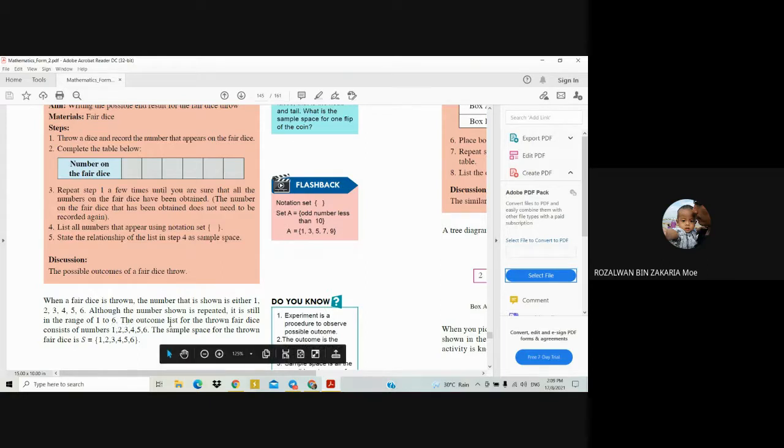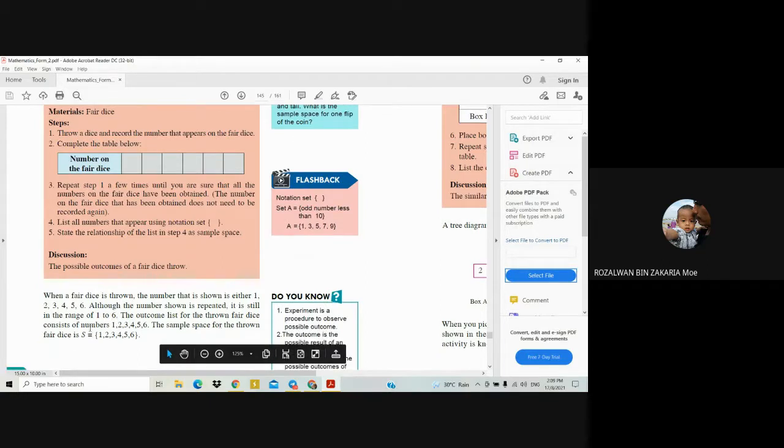The outcome list for the thrown fair dice consists of numbers 1, 2, 3, 4, 5, 6. So the sample space for the thrown fair dice is, we use capital S as the symbol for the sample space. It is equal to, in the form of notation of set, 1, 2, 3, 4, 5, 6. These are all the possible outcomes.